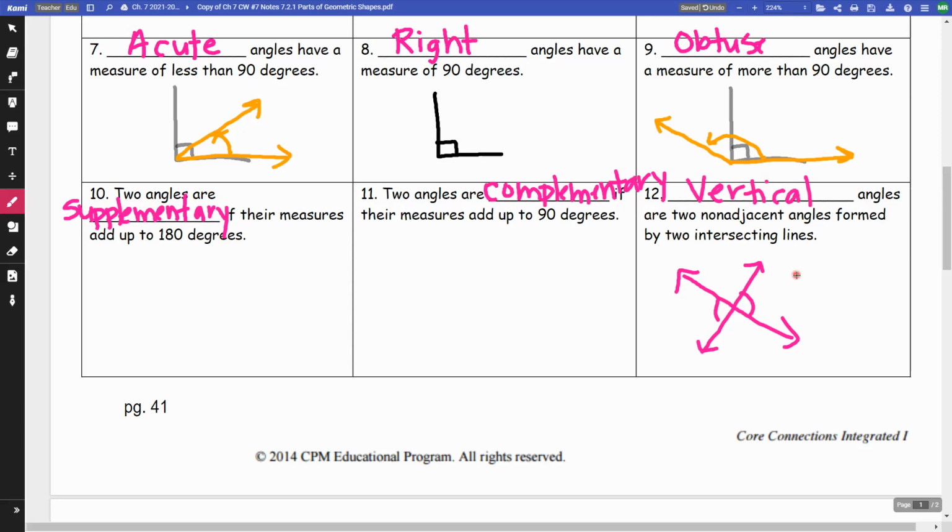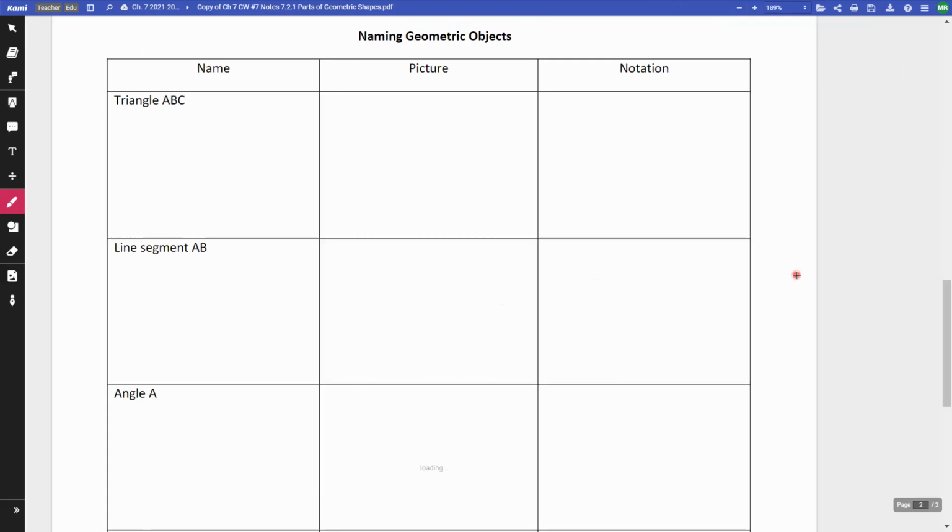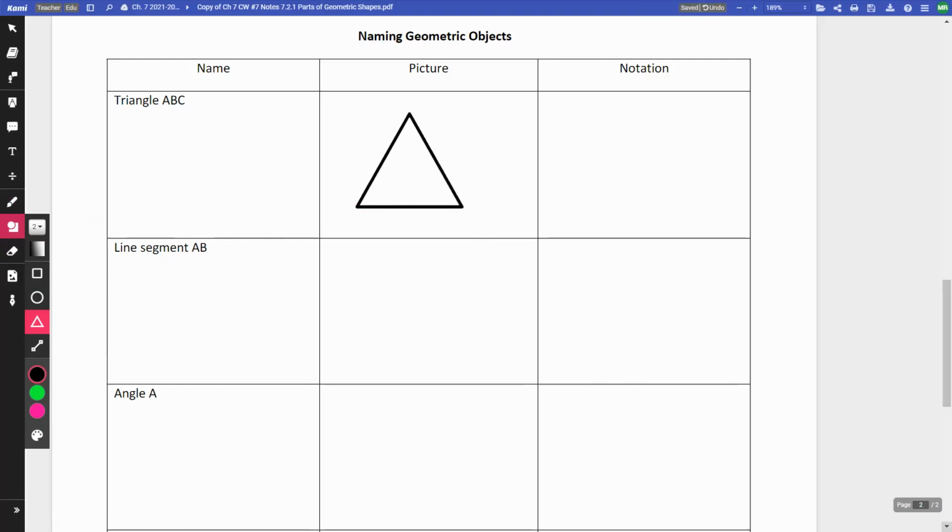Then on the next page, we were learning about naming some objects properly with the right notation. So in this situation, what we're going to do is we drew in a triangle. Okay, so let's get a triangle here.